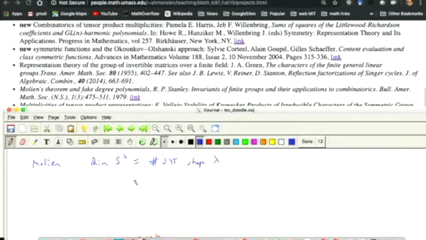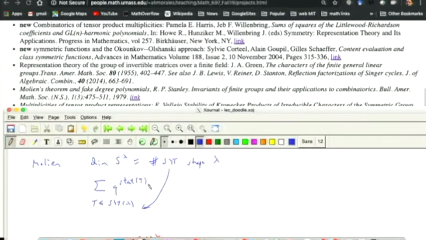You can study a refinement of this result where you sum over the standard tableaux of shape lambda, and you put a certain statistic called the major index, but here it's called stat. This is a refinement of the dimension, the degree of the Specht module.